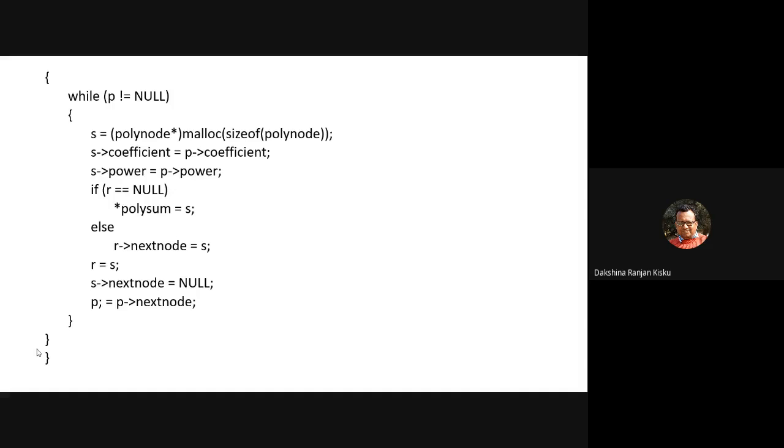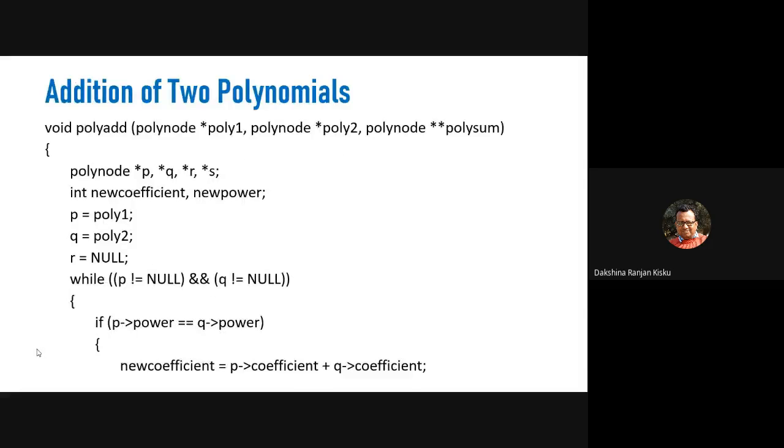And similarly here we will repeat the same process when the second polynomial is found to be null, and the first polynomial is found to be not null. Okay, so this is the entire function definition for addition of two polynomials.